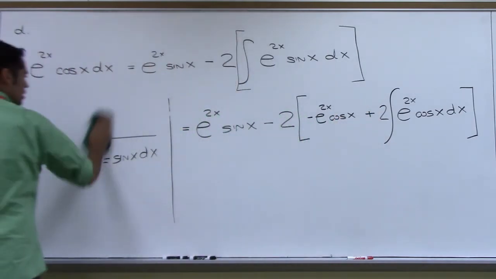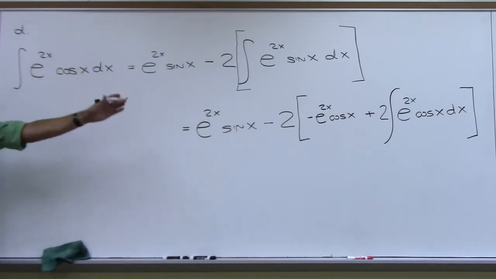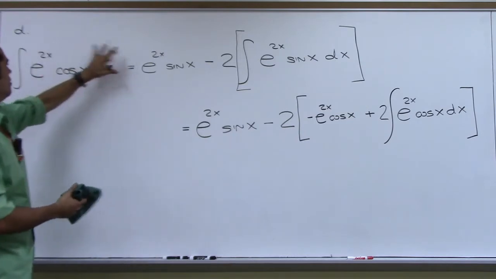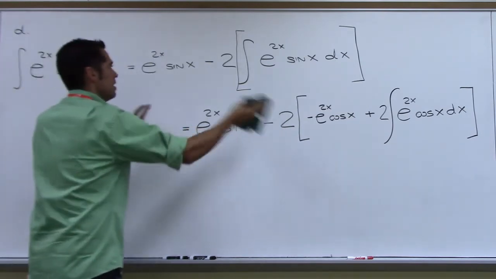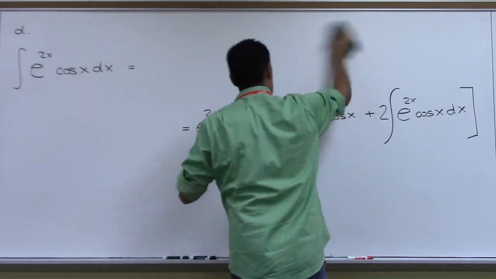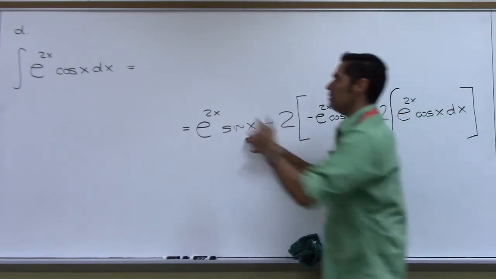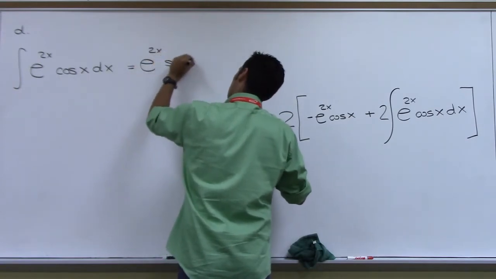Okay, so look, what we're trying to solve for has appeared over there. Yes? So what I'm going to do is rewrite this integral. The left side is here, right? This is the original problem. We're saying it's equal to this. I'm going to rewrite that, and I'm going to distribute everything through to get rid of my brackets right now. So this part right here, e to the 2x sine x.